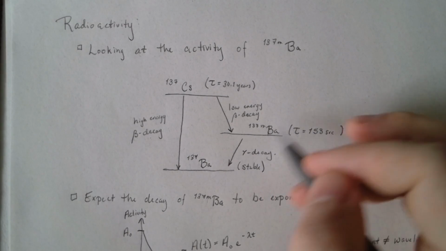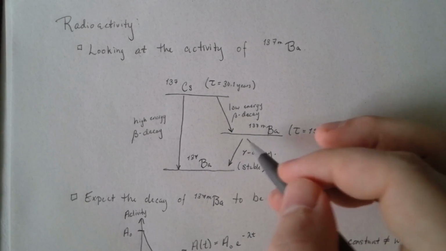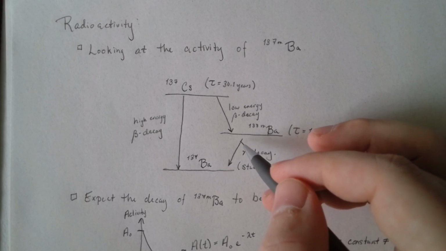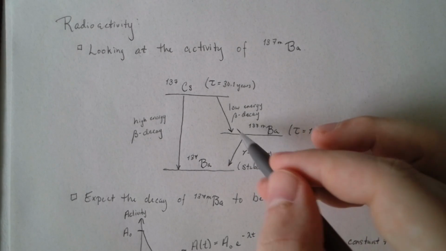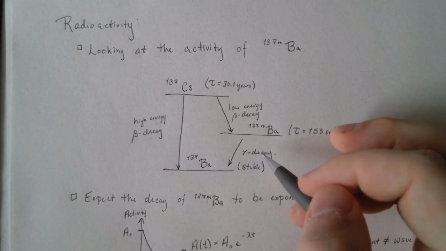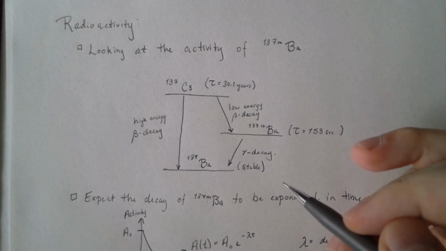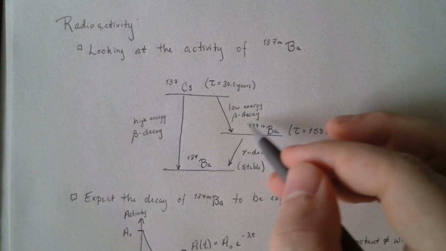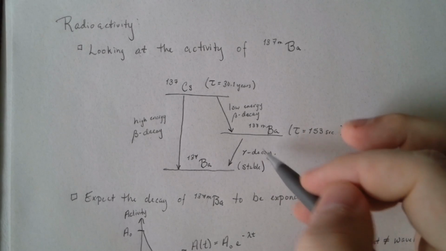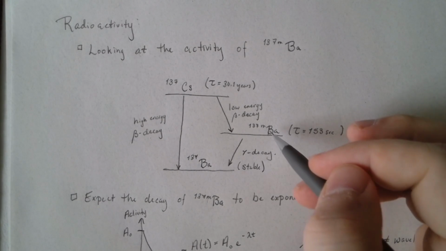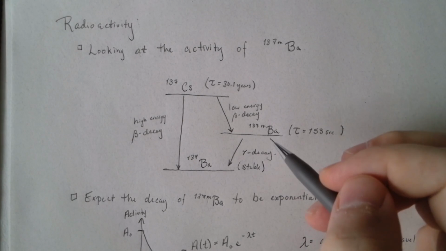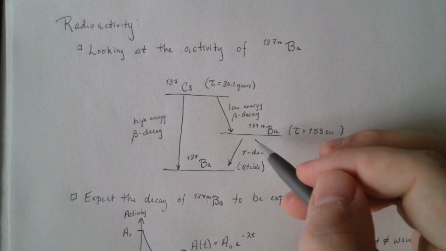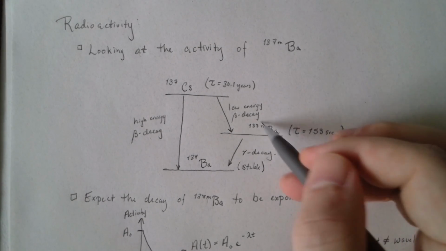After going through some half-lives, the barium will then emit a gamma ray at some particular energy, and then finally become stable. The way that you can think about this particular transition from barium-137M to barium-137 is similar to how electrons get excited.